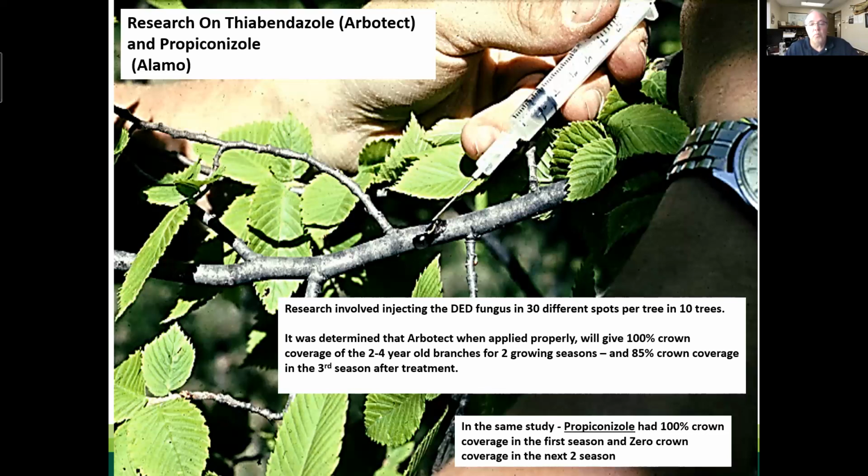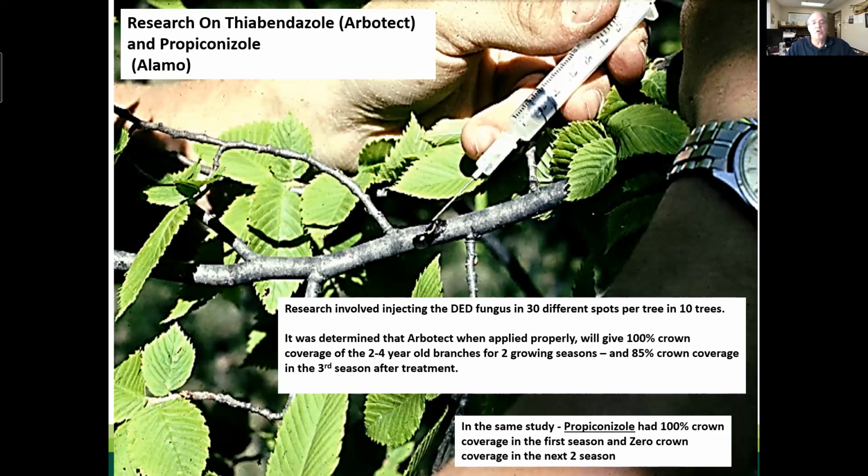We had no protection. Again, the injection sites where we put the fungus all grew. However, the thiabendazole, again, was 100%. We got no growth. So Arbotect, we knew lasted 2 years by this time. We knew propiconazole only lasted 1. We knew the other products didn't work at all.